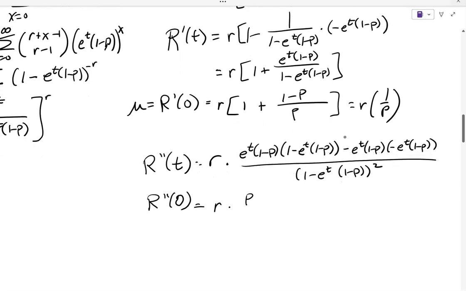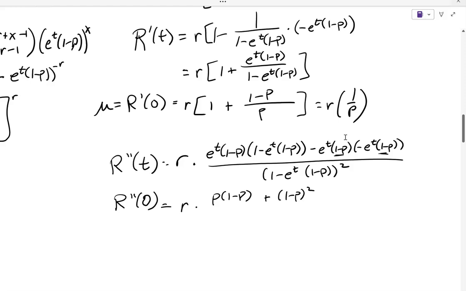We've got p times 1 minus p in the first one. We've got a minus 1 minus p squared, because it was a 1 minus, oh, sorry, it's a plus. Well, 1 minus p and a 1 minus p here. What's on bottom? p squared, right? We agree?